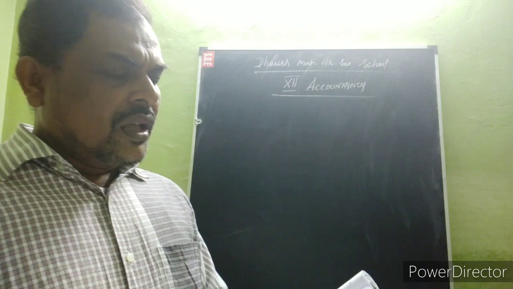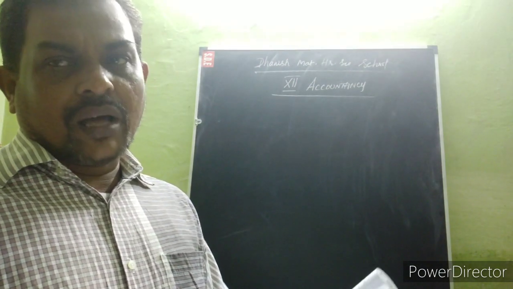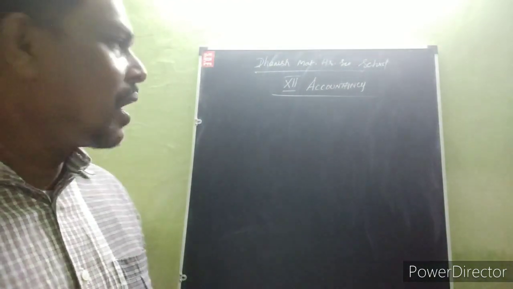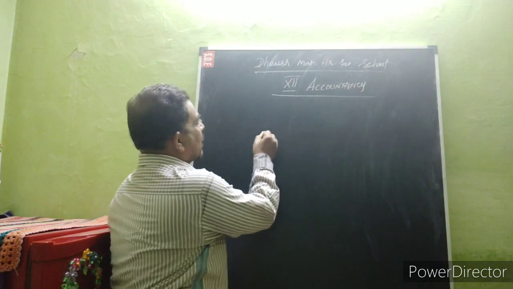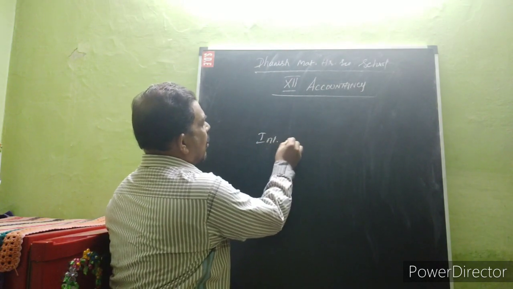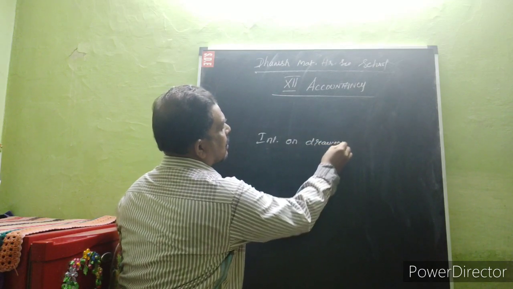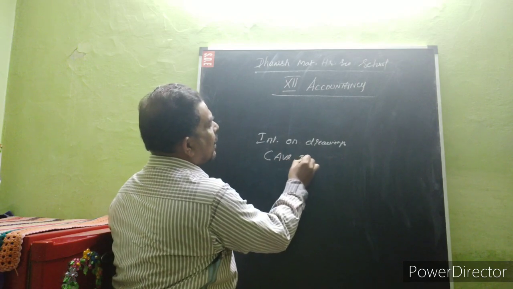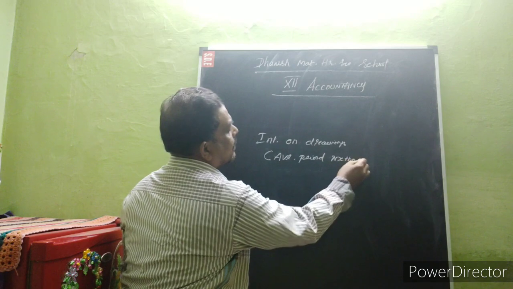Listen, average period method, there is one formula, because under the 3 methods, each method has one formula. Now I am going to teach you interest on drawings under average period method.